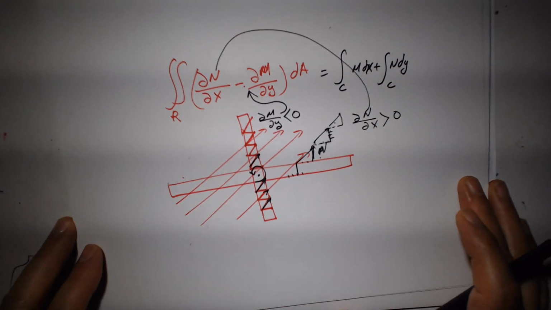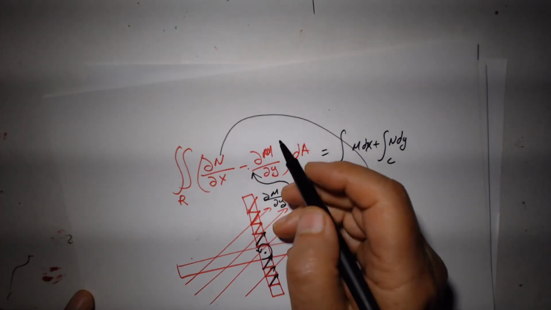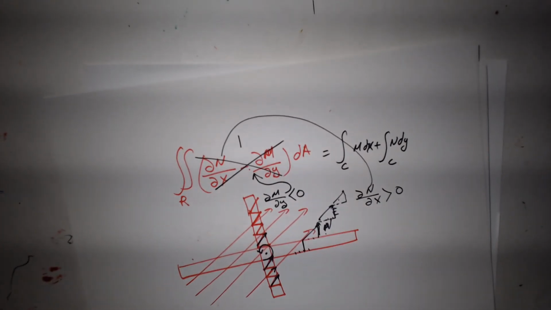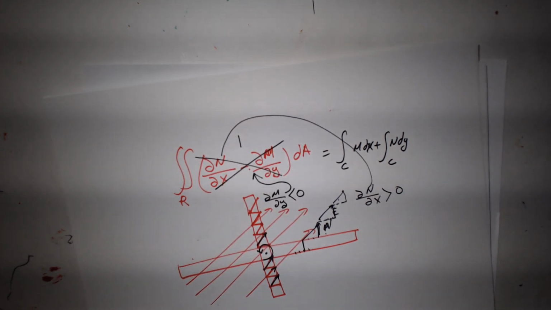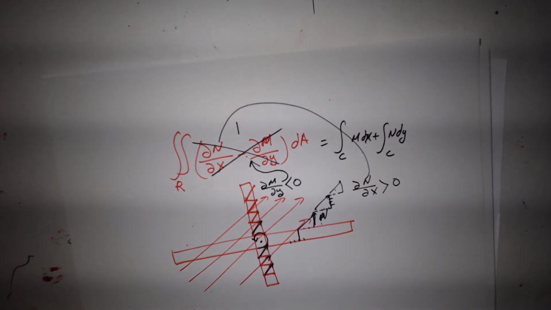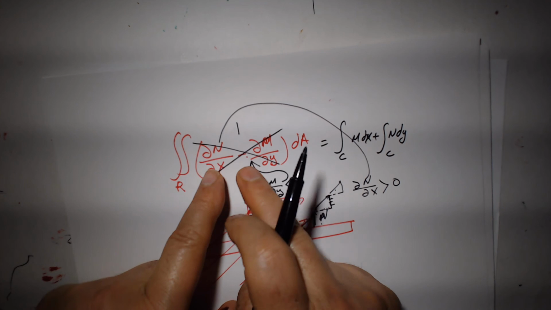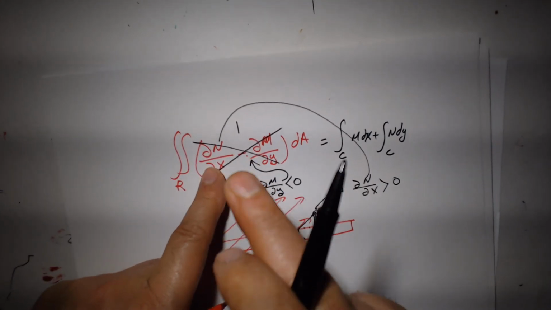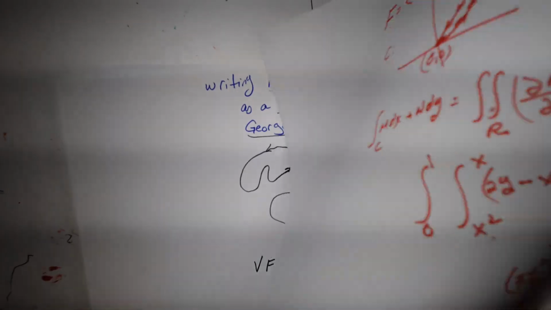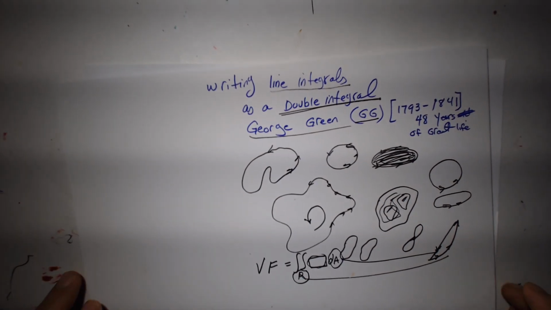But sometimes somebody asks, what happens if the whole thing becomes one? If the whole thing becomes one, that becomes the area of a region. Therefore, the line integral is nothing except the area of a region. Somebody asked, what happens if they become equal to each other? I said, okay.